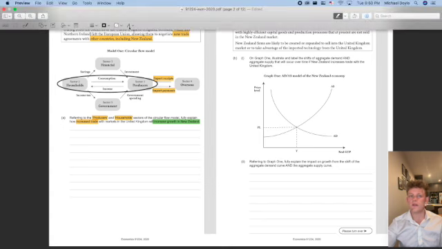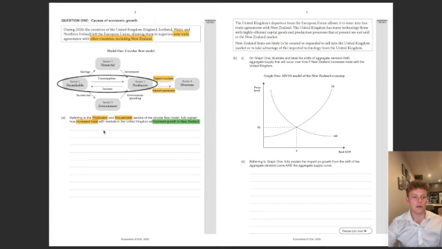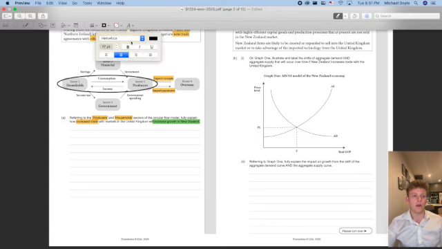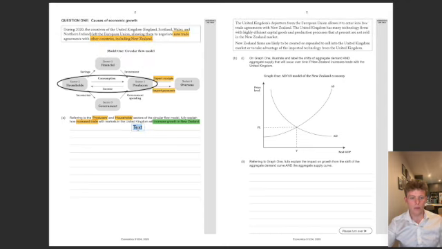And in fact, let's write that in down here. Export receipts rising. Okay, so we're sending more produce overseas, we're receiving more export receipts back. Export receipts rising, and let's pull this bracket out.